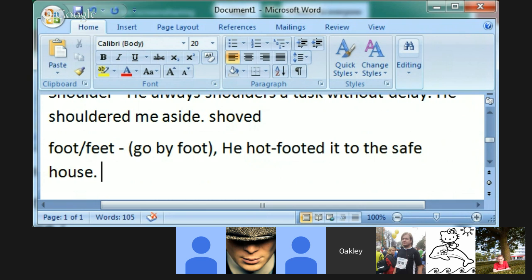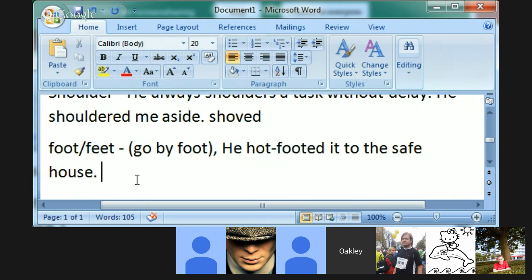Exactly. Okay, but there's still another way the word foot can be used as a verb. Let's see if we can get some help from your colleagues here in the class. Does anybody know how we can use just foot all by itself, not even as a phrasal verb, with no help at all?